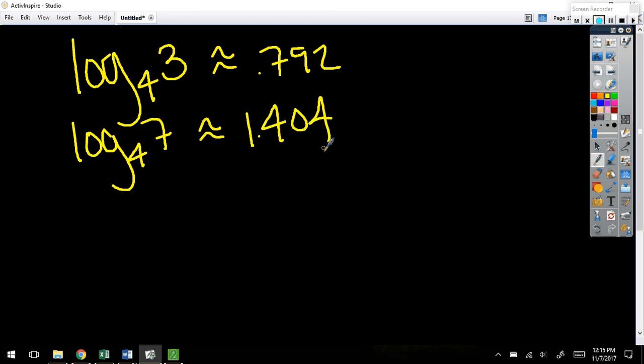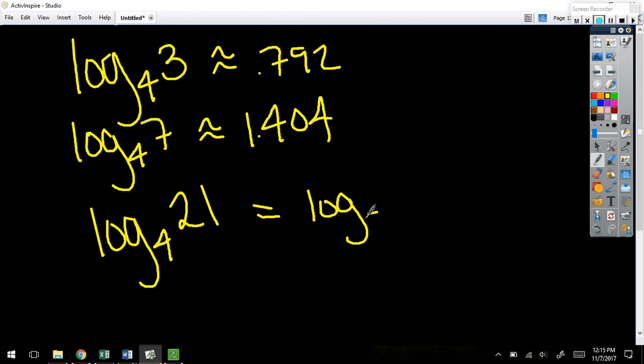Then if I want to know what is the log base 4 of 21, you multiply that. 7 times 3 is 21. Do we agree? Yeah.